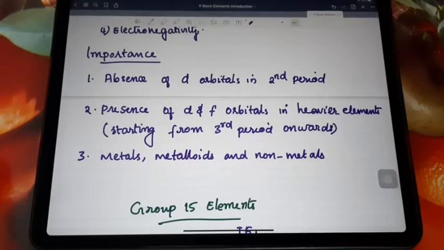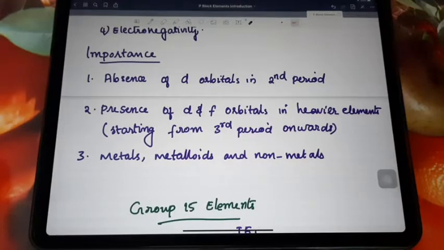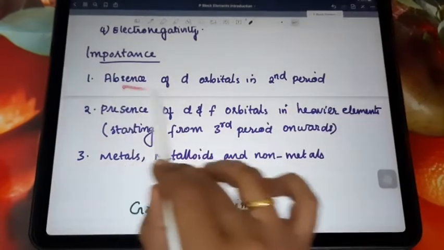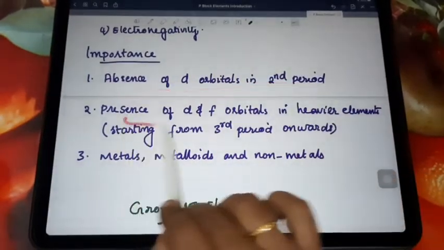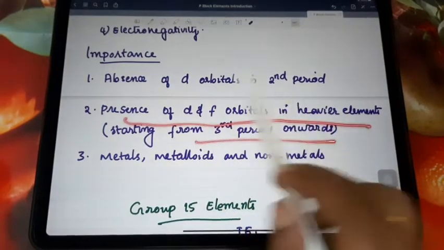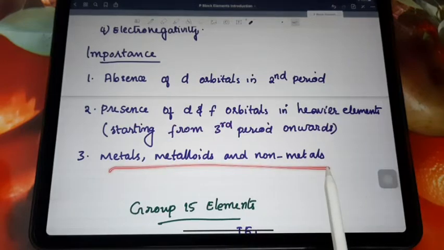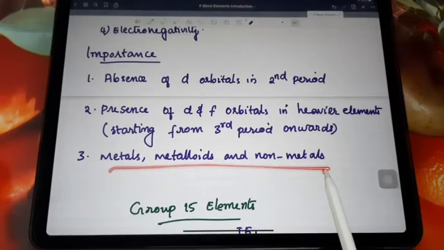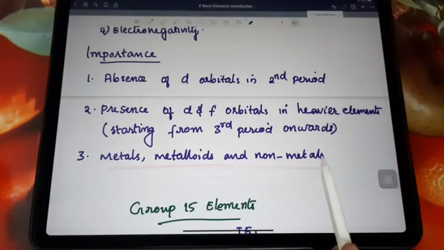That's why the study of P block elements is an important case. Three points we discussed: absence of d orbitals in the second period, presence of d and f orbitals in the heavier elements from the third period onwards, and the presence of metals, non-metals and semi-metals or metalloids.